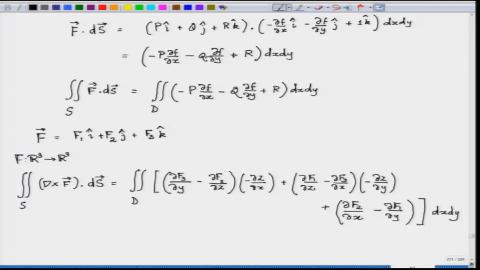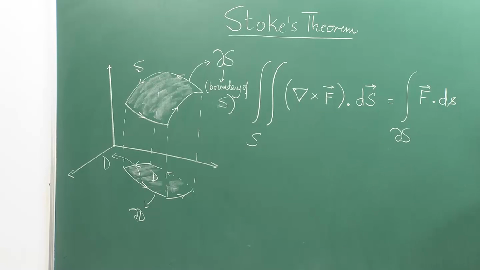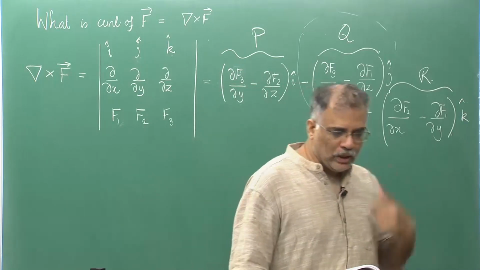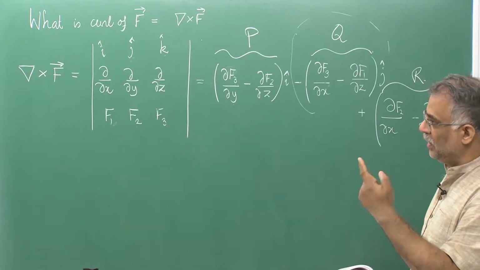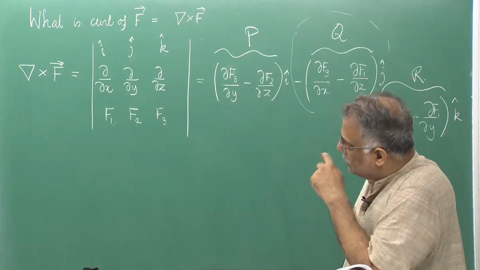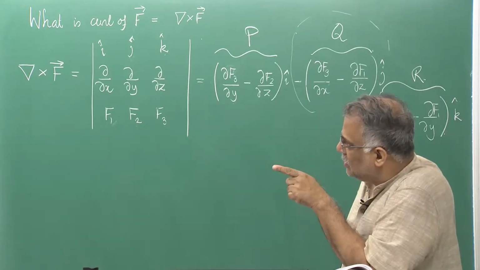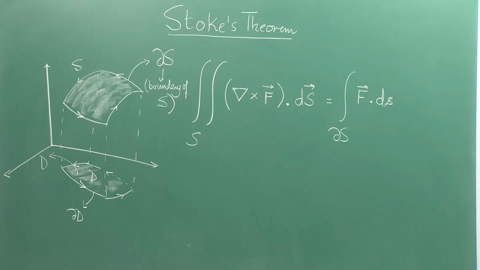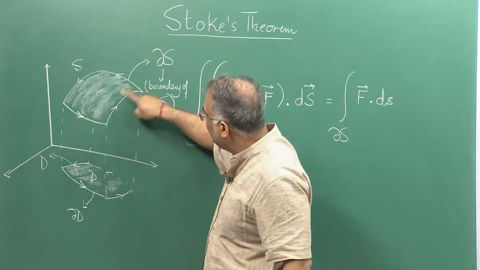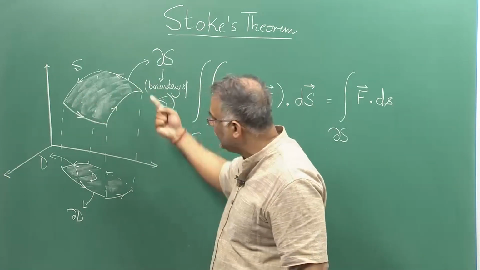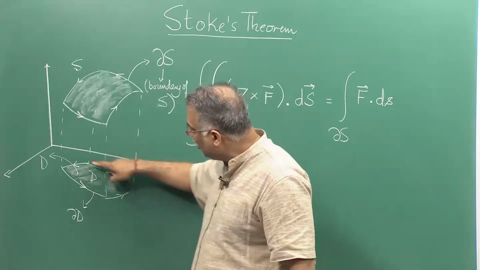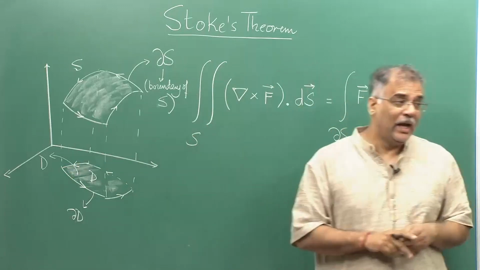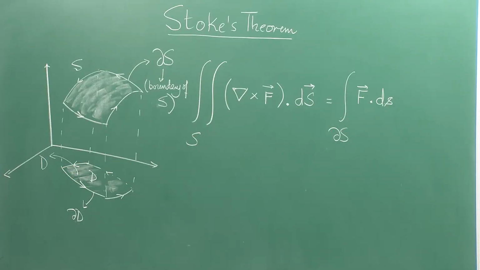I have computed this side of Stokes theorem. Now, I will start computing this side of Stokes theorem. What I would do here is apply Green's theorem. In Green's theorem, the line integral circulating around the boundary of the surface can be brought into the line integral over the boundary of the domain, and that is what I am now trying to do.